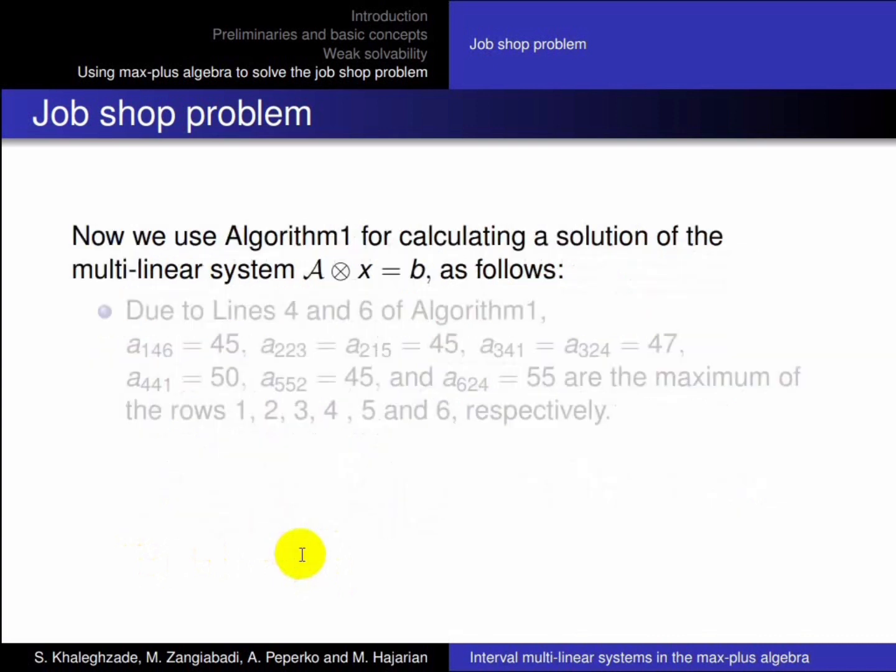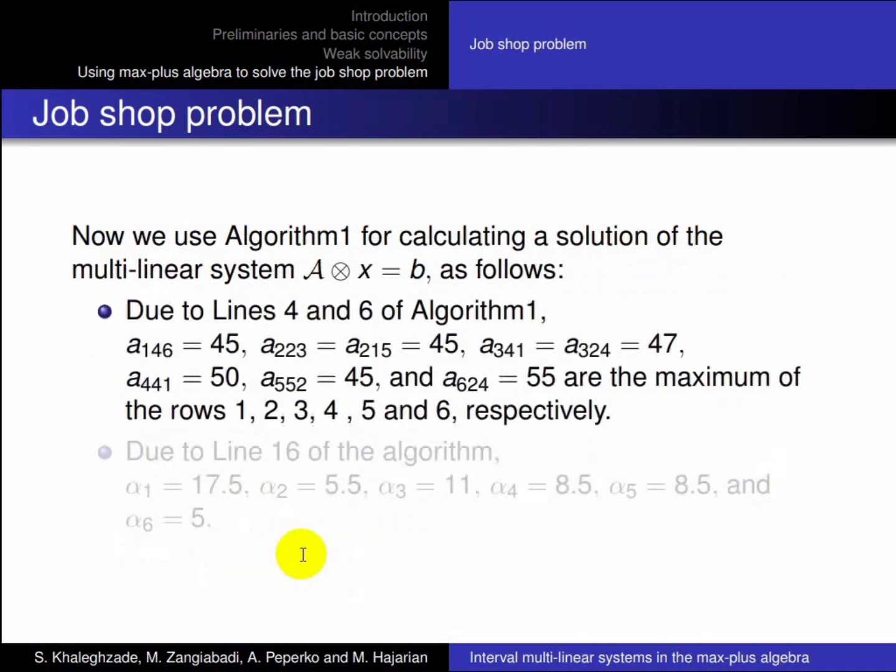Now we use algorithm 1 for calculating a solution of the multilinear system as follows. Due to lines 4 and 6 of the algorithm, we have these amounts of entries of A, and the maximum is this amount respectively.